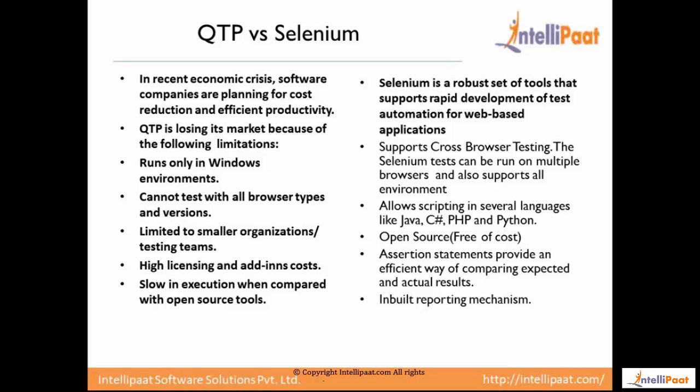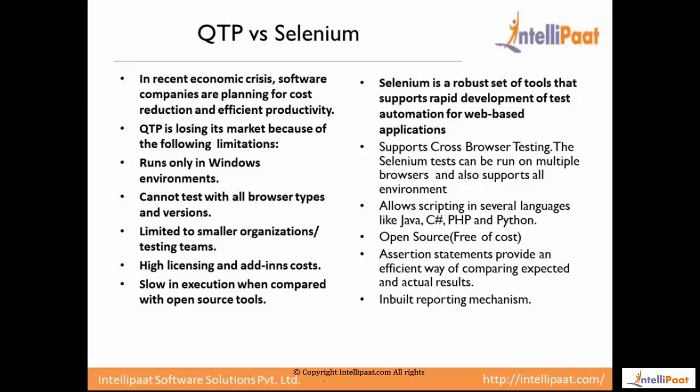But in Selenium, we can do cross-browser testing for almost all the available browsers in the market. Let's say Firefox, Internet Explorer, Google Chrome, Safari, as well as Android browsers, we can use Selenium to automate our browser application testing.